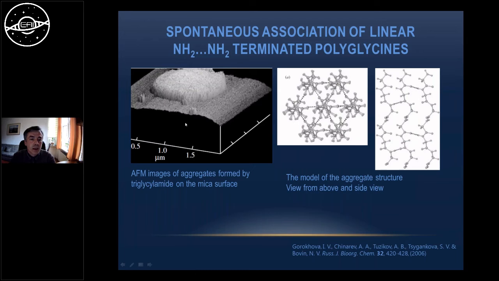And finally, there is a very interesting study of amino-terminated polyglycine molecules, which were synthesized by a complex chemistry process. These amino-terminated polyglycines were most abundantly formed also in our experiment, and they were found to be capable of very efficient self-organization. So they organize themselves in the way you may see in these figures.